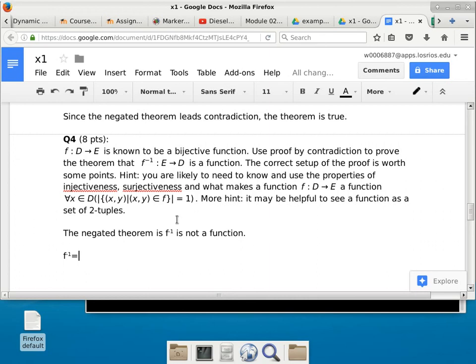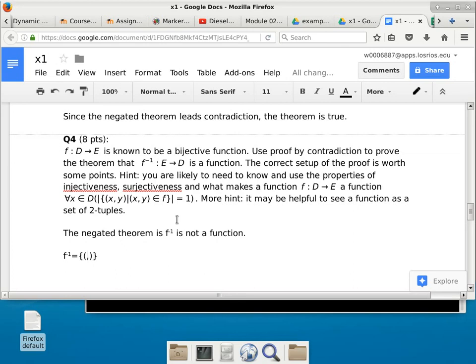Okay, so let's use the set notation here. We use curly braces to indicate whatever is in here are describing elements of a particular set. We know one thing about a function, which is seen as a set of two tuples. They're all tuples, right? So everything in F inverse are going to be two tuples as well.